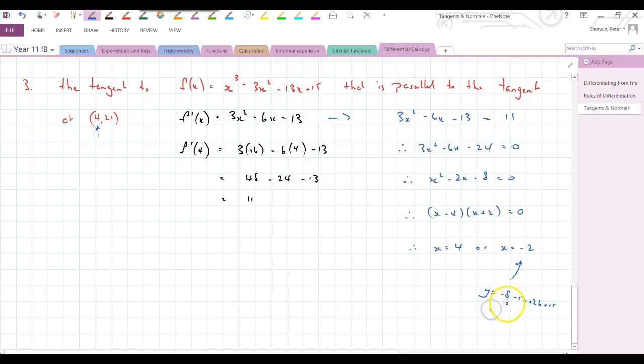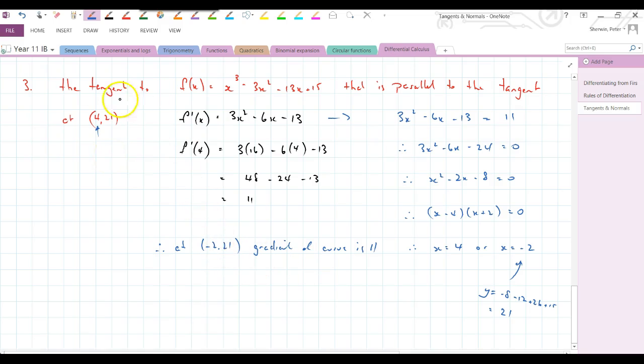Here's my working out: minus 20, plus 26 is 6, and 15 is 21. So I reckon at (-2, 21), the gradient of the curve is 11. So it's parallel to this tangent.